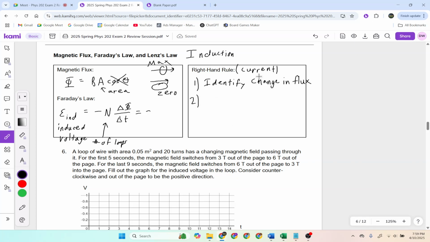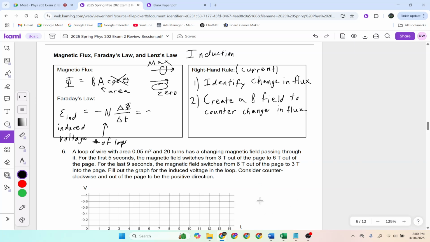Step 2, create a magnetic field, a B field for short, in the opposite direction from step 1 to counter the change in flux.